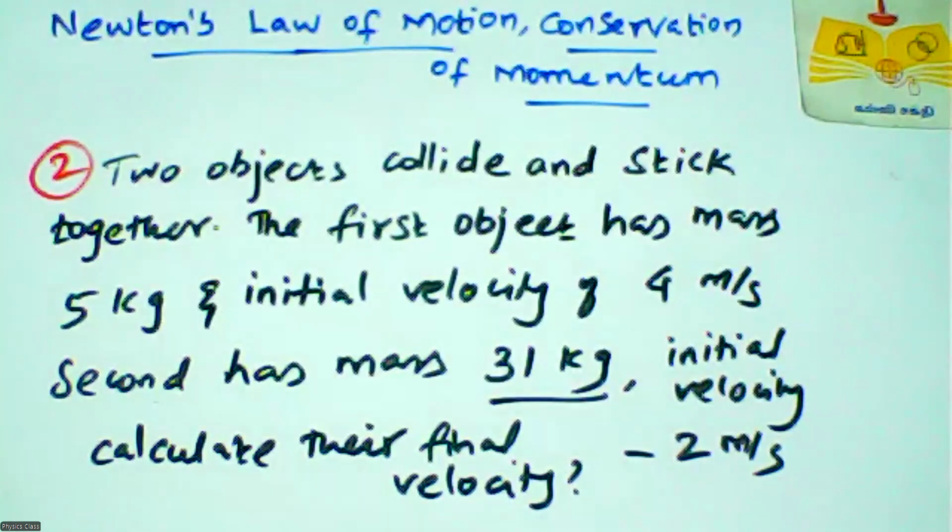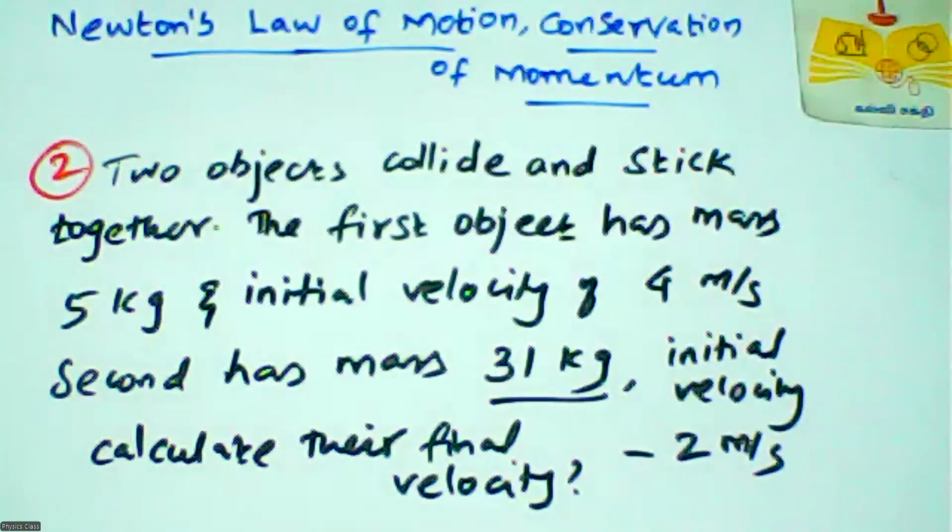So this is a case of conservation of momentum, and the objects collide and stick together. In the case of inelastic collision, both objects stick together. After that, both objects move with the same velocity.